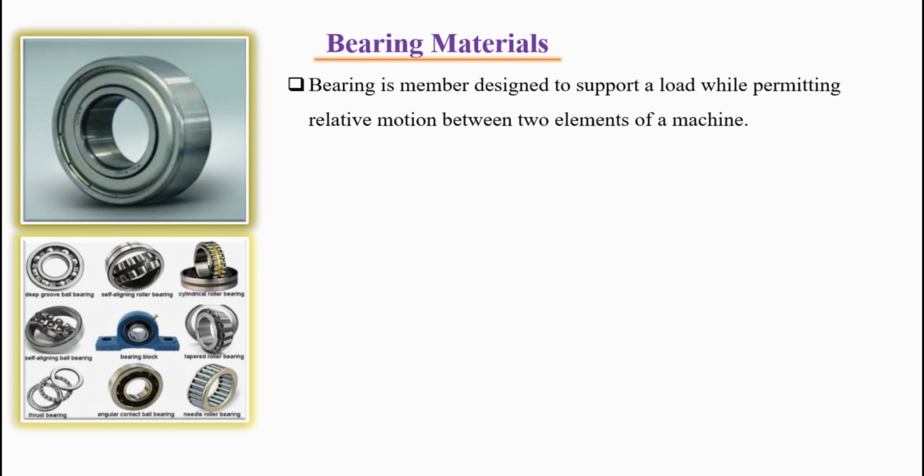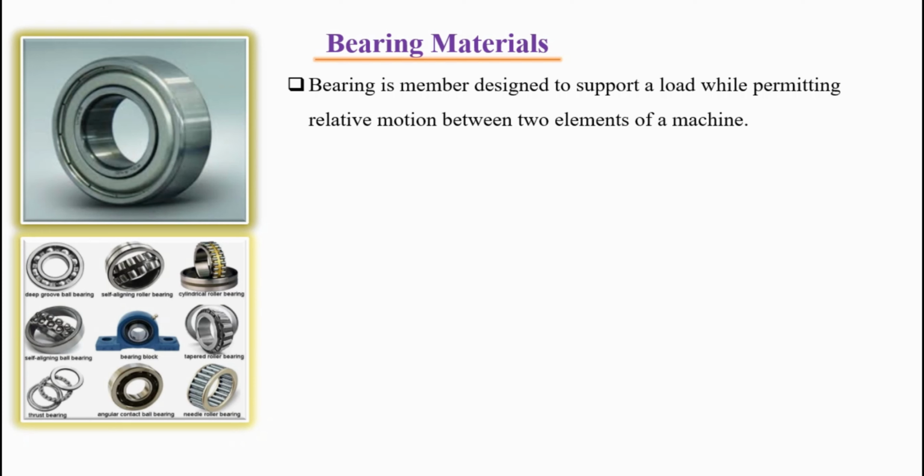That spindle rotates with the help of the bearing. The spindle is mounted over your bearing, and as you switch on the fan, the fan rotates on the bearing support.